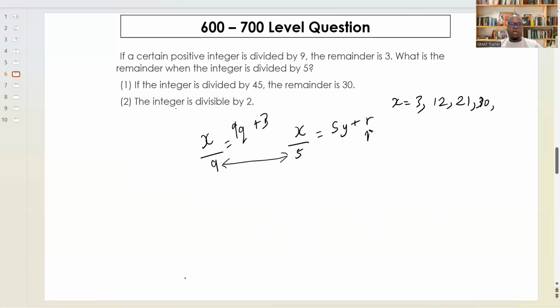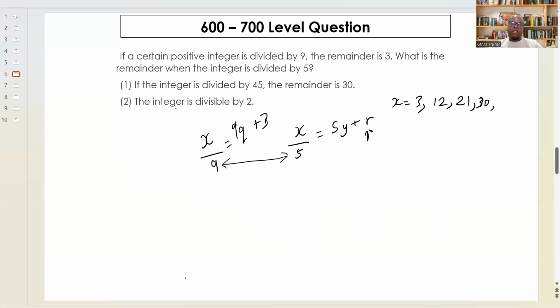That is now the information we need. What information can we get about 5 that will help us get the values? Because if we know the information about 5 and x, then we can match it to what we have in the given statement and know what that value is.